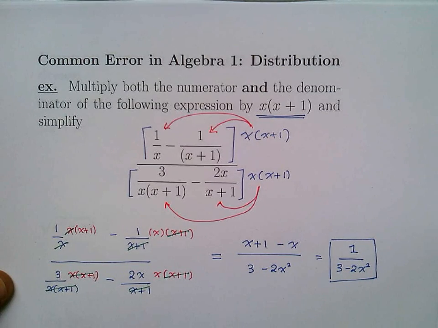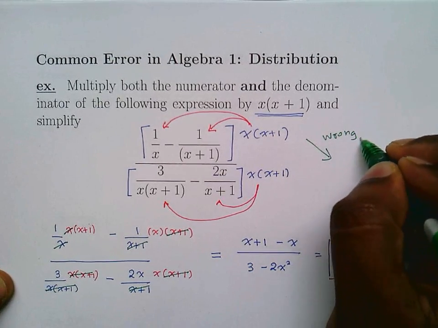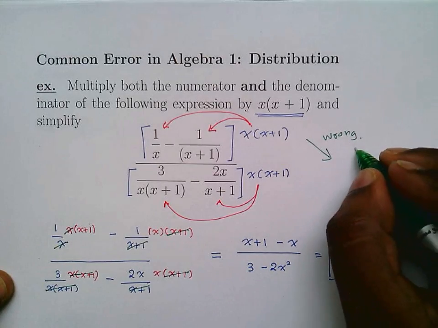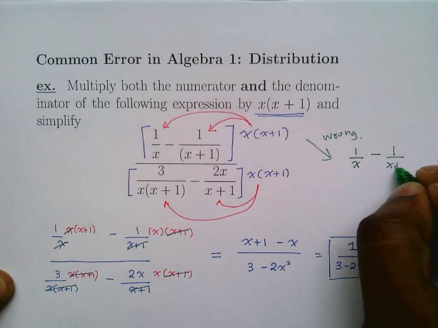Okay, now what can go wrong here is trying to cancel things like that. For example, let me just show you the numerator.